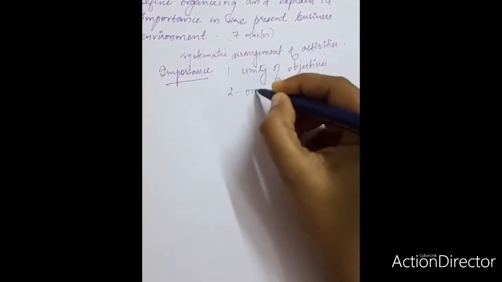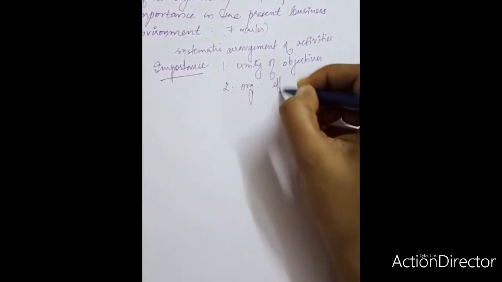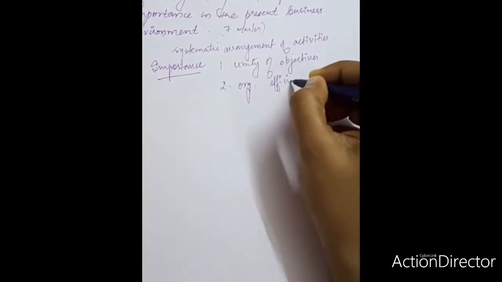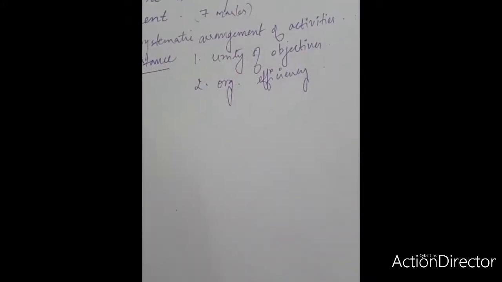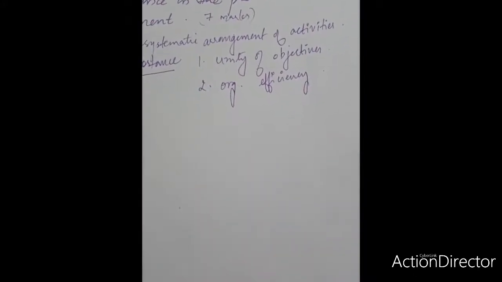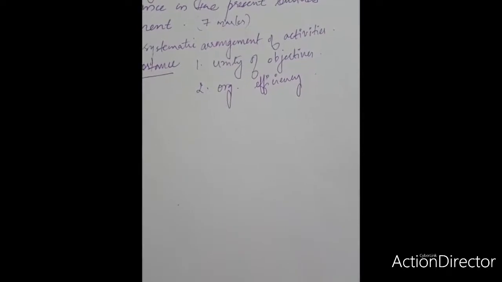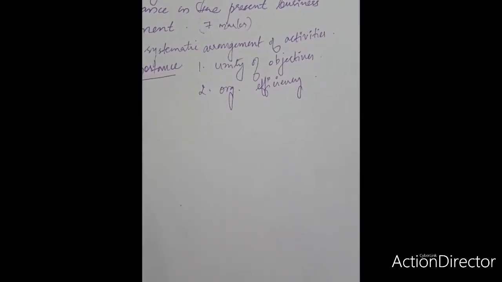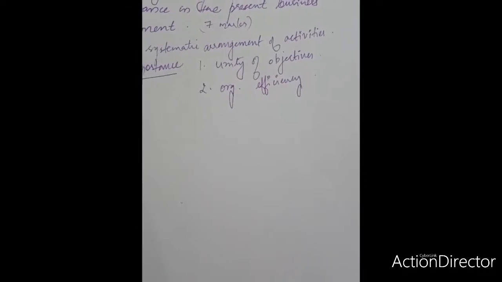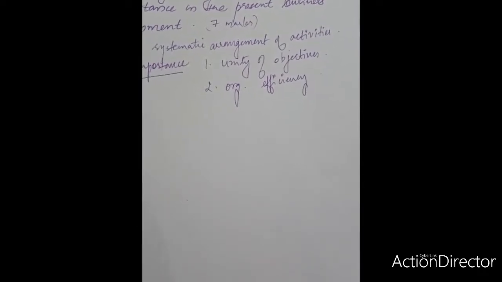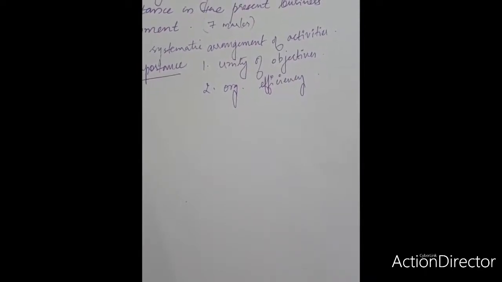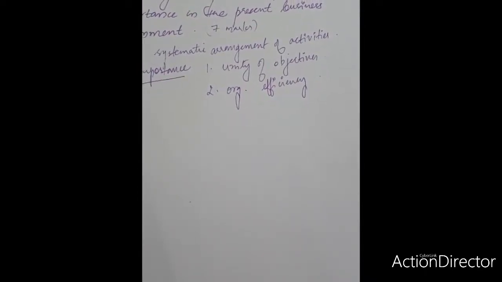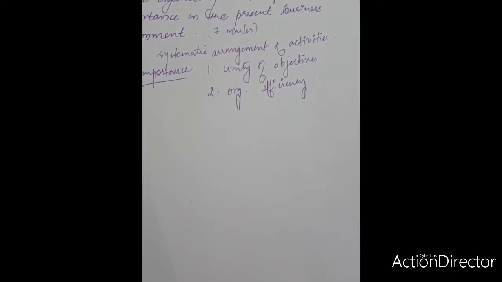Second, organizational efficiency. According to the principle, the structure of the organization should be planned so that the organizational objective can be attained with the lowest possible cost. It further states that the structure should permit optimum utilization of resources.